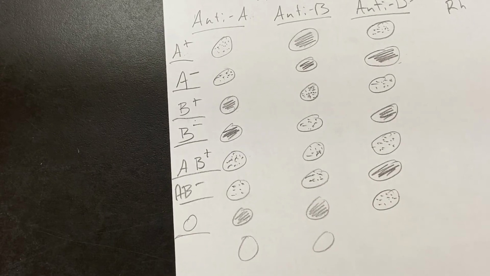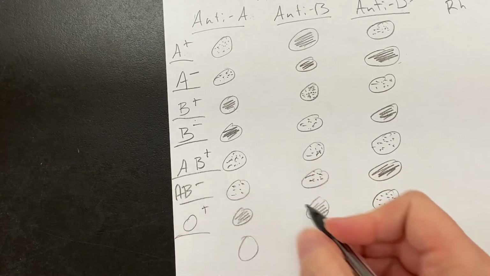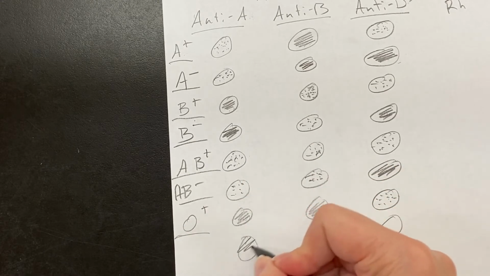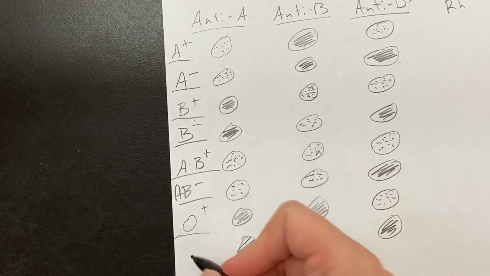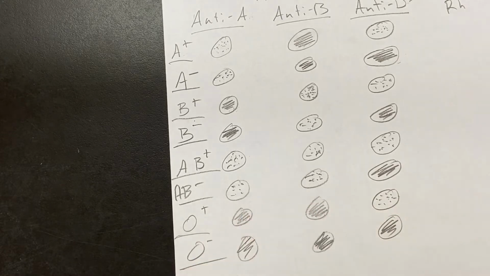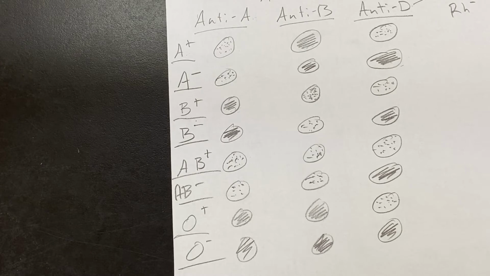And that makes O positive. So the only blood type left is no reaction across the board, O negative. And that's your universal donor because they don't have surface antigens to activate anybody's antibodies.